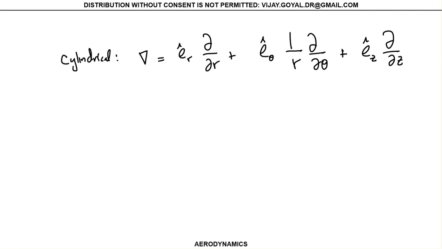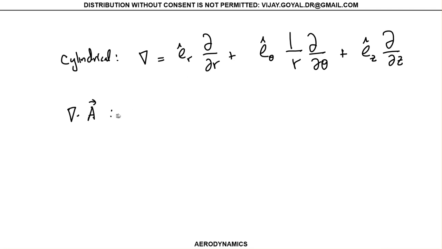Okay? So given this fact, we got another property that's very useful. What happens if I say del dot a vector A, let's say. Okay, so I'm taking the dot product now the other way around. If I did that, then I have various solutions, right?